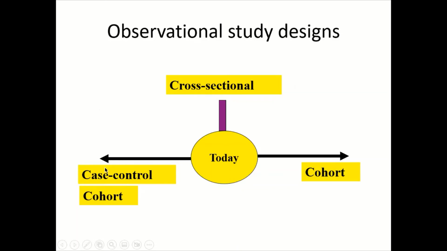Usually records are used this way because maybe you cannot go back in time except you pick up records of individuals that have been recorded over time, and then you check how the condition started in the cases, and whether the controls had the same exposure the cases had, and why it is that the controls did not come out with the disease from the beginning since they were all exposed.